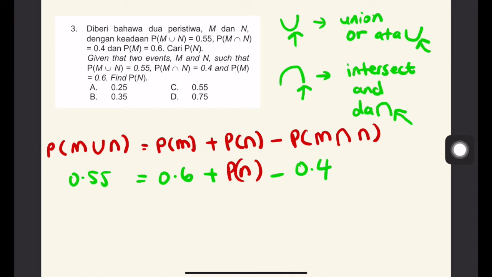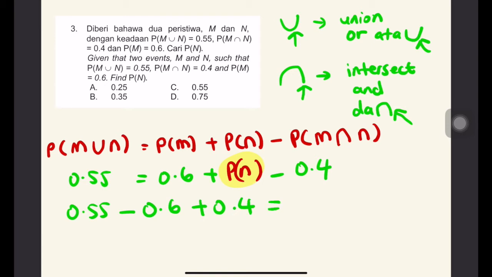Okay, so sekarang sebenarnya kita nak cari ini sahaja. So yang lain-lain ni kita pindah ke sebelah sana. Okay, so kita akan dapat 0.55 minus 0.6 plus 0.4 is equals to P(N).